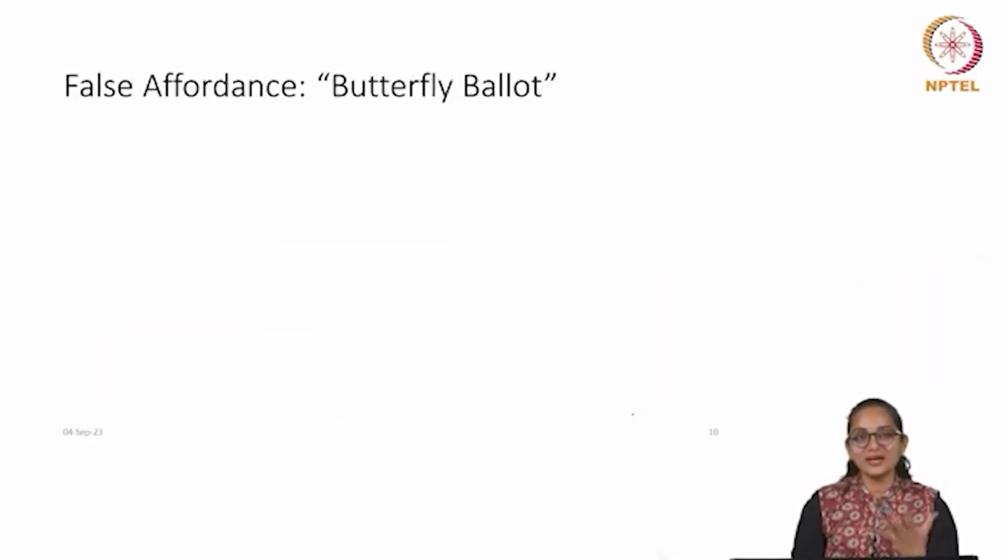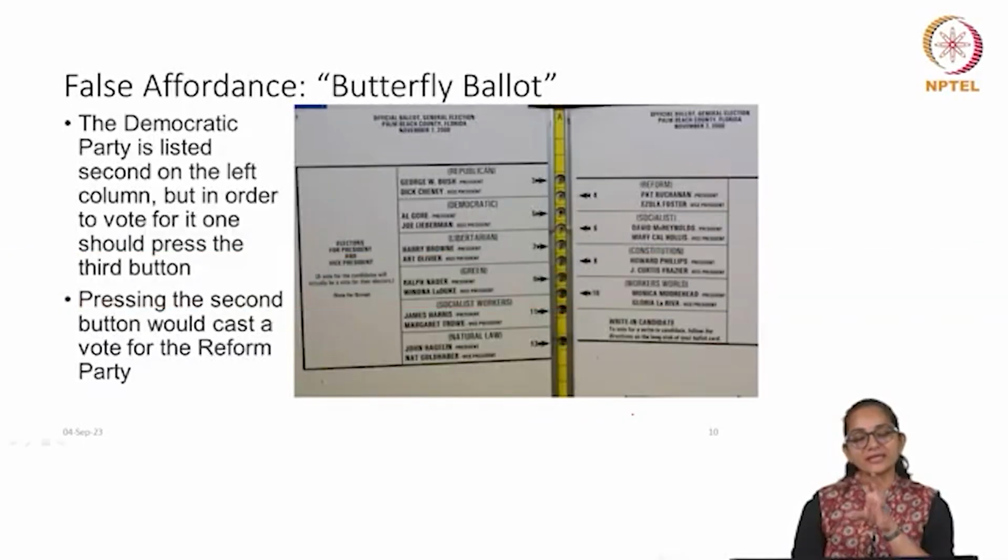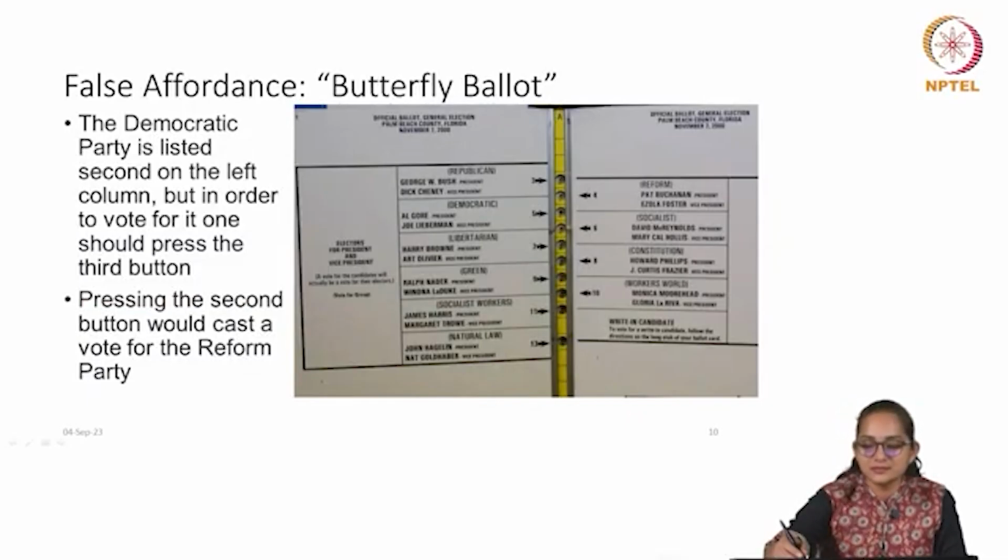Then let's go on to understand an example of false affordance. So if you just look at this image, there are these buttons, or these are LED lights, and then there are buttons which need to be pressed.